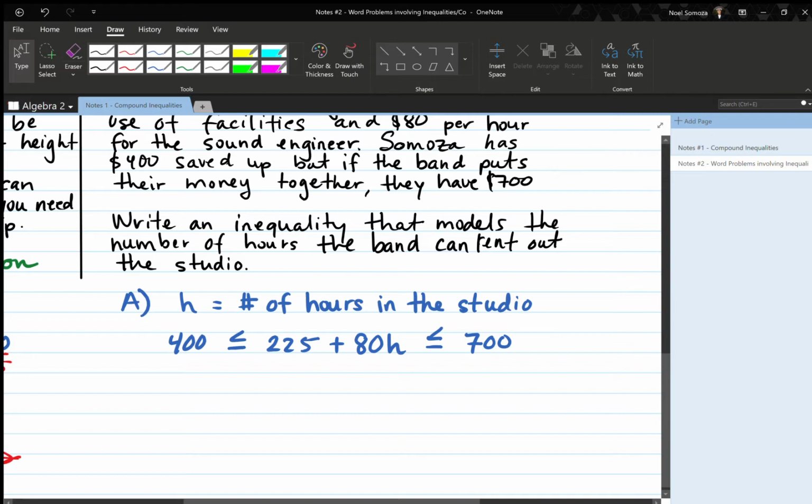You simplify and end up with h in the center. What did you get as your maximum amount of time in the studio? 5.94? Okay, so almost 6 hours. And what was the minimum? 2.9, so a little over 2 hours, 2 hours 10 minutes.